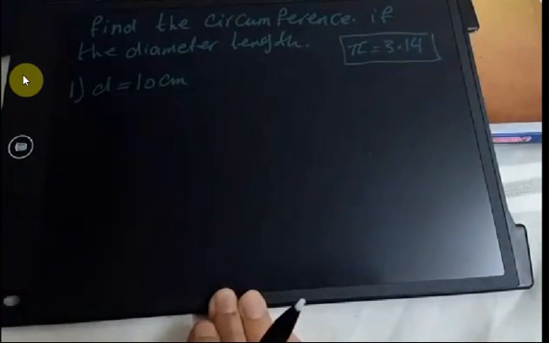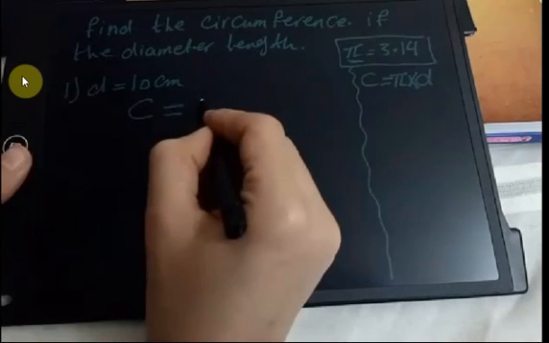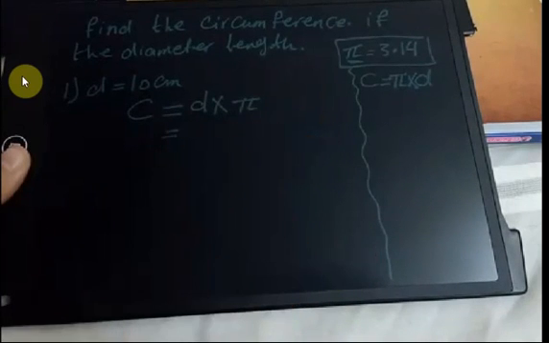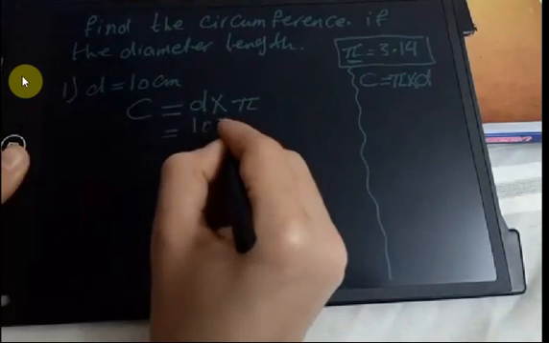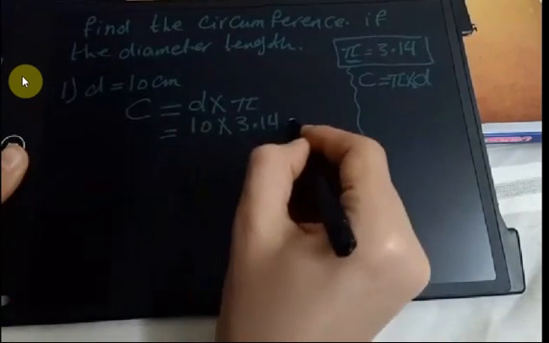Okay, who's gonna answer it? Yes, Lamis. Which rule can you use? It's for the diameter, so the circumference equals what? It's d times pi. So it equals 10 times 3.14, and this equals what, Lamis?